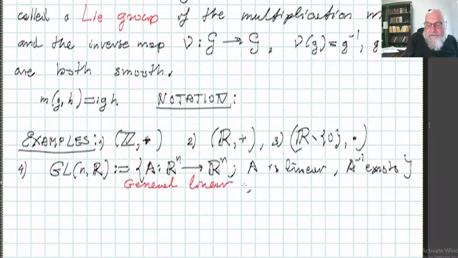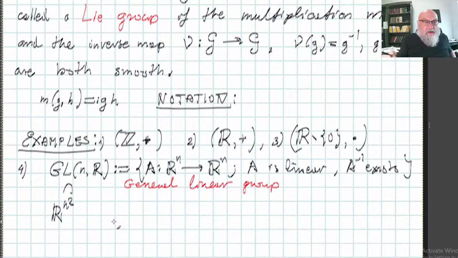And of course, it is a manifold because this actually turns out to be an open set in the set of all matrices, which is R^(n squared). So this is the set of all matrices, n by n.